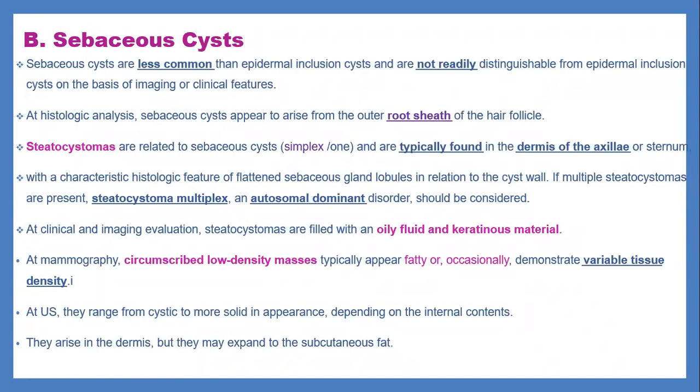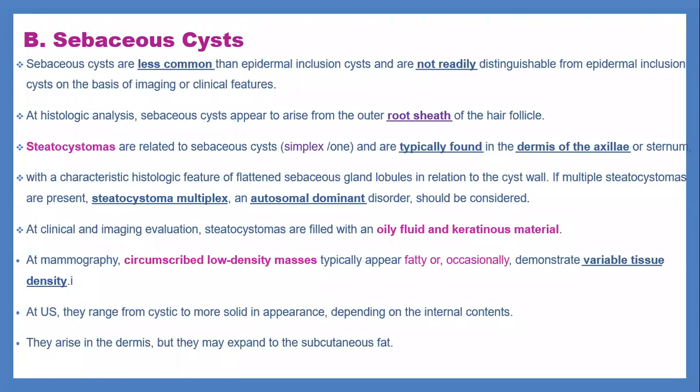As we described, it arises from the root sheath of the hair follicle, while the epidermal inclusion cyst arises from the tip or the infundibulum of the hair follicle. The sebaceous cyst is also called steatocystoma. When it is single, we call it simplex. When it is multiple, we call it steatocystoma multiplex, and these are autosomal dominant disorders.